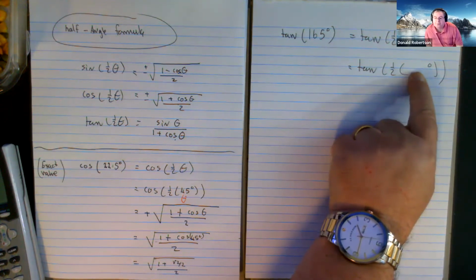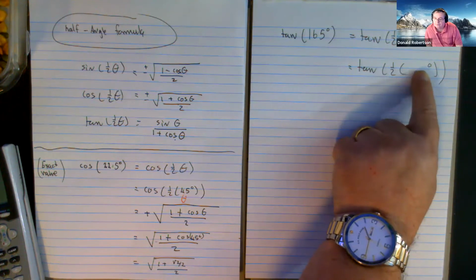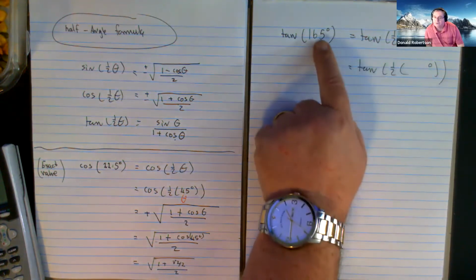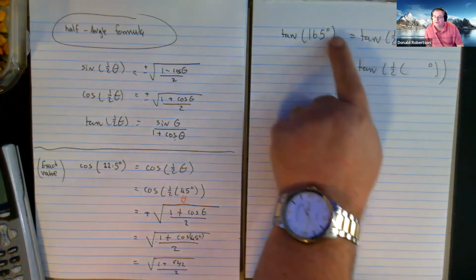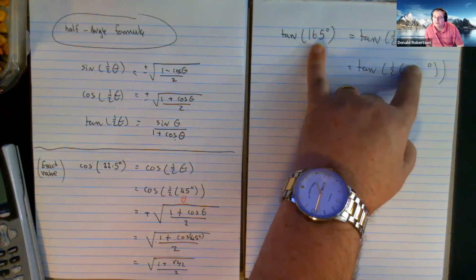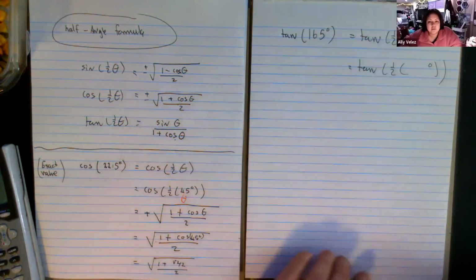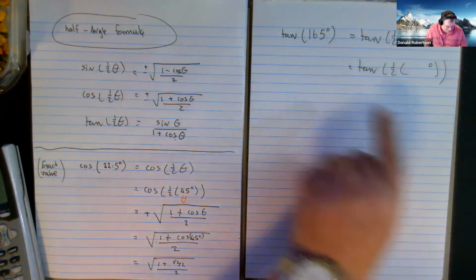What goes here? A half of what gets you 165 degrees? 82.5. Oh, go the other way. Instead of halving this number, go the other way.